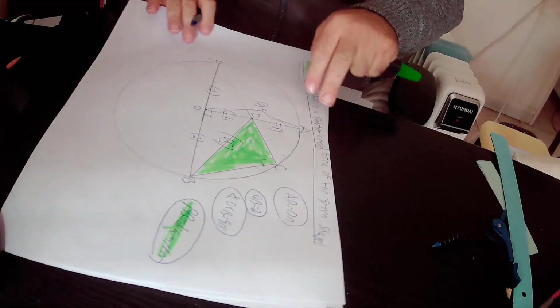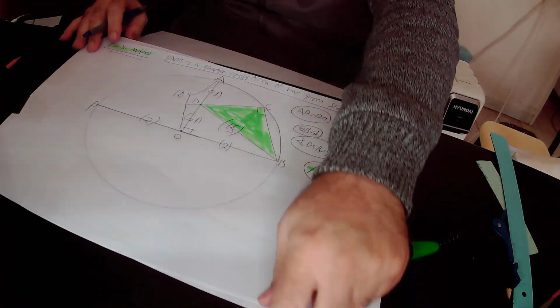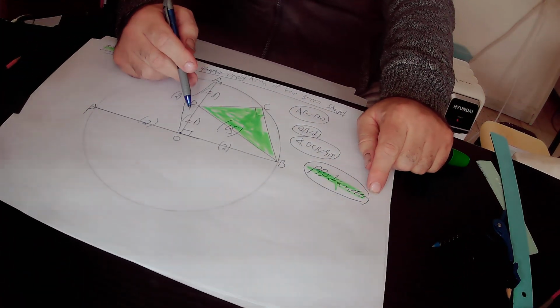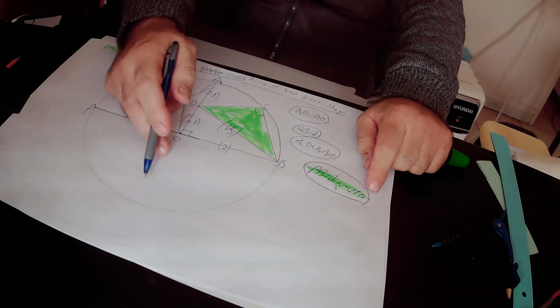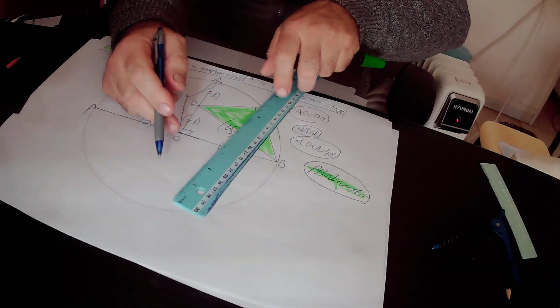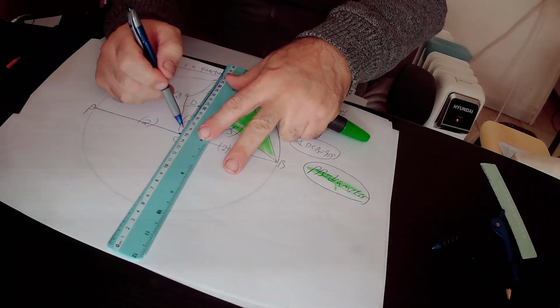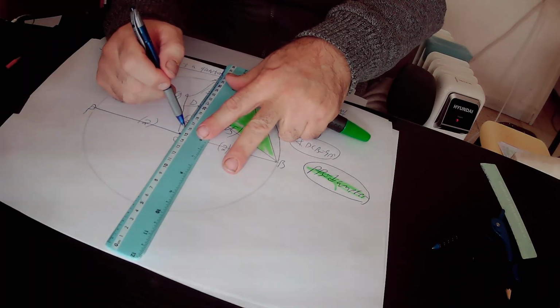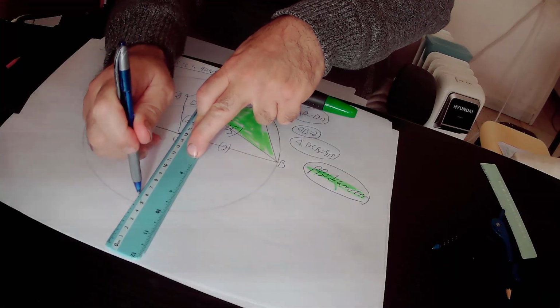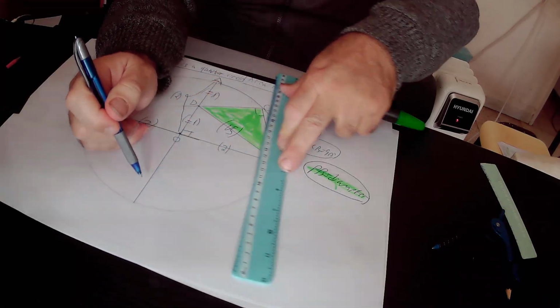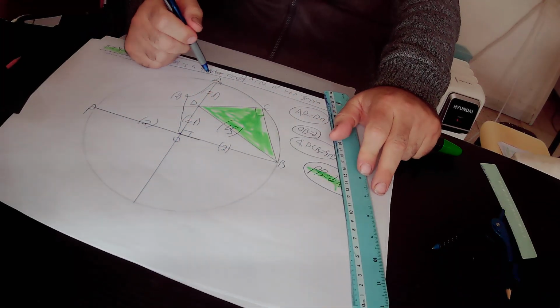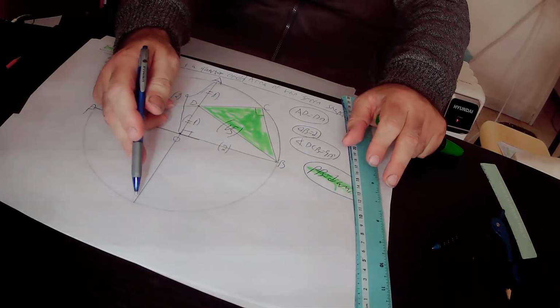In the next step, we will extend the radius AO of this circle by a straight line until it touches the circle. And when we define the touching point of the extended radius AO with this circle, this point is point Q.